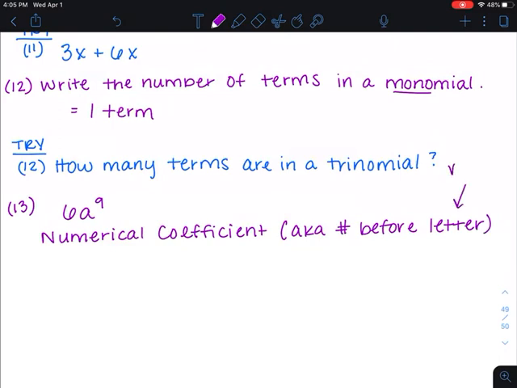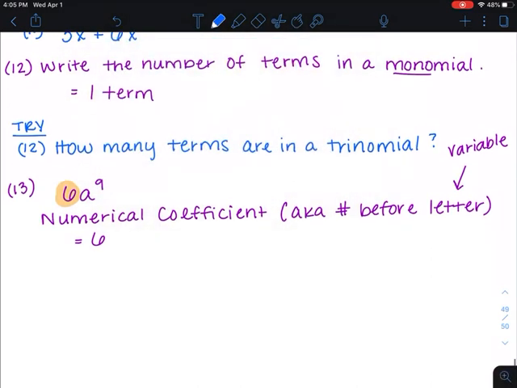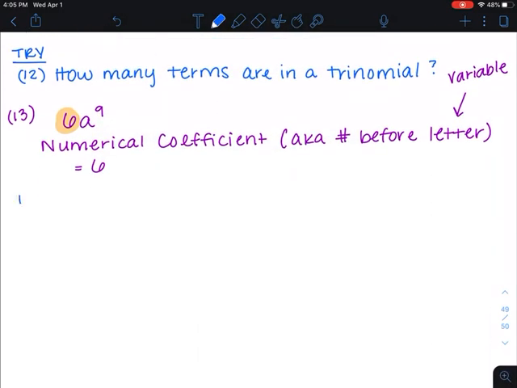It's the number before the letter, and the letter is called the variable. So it's the number before the variable. My variable is right here. It's the only letter in my expression. 6 is the number before my variable, so my numerical coefficient is going to be 6.